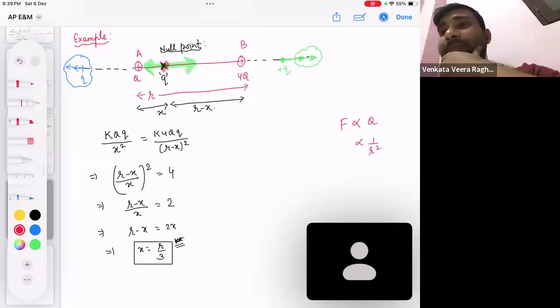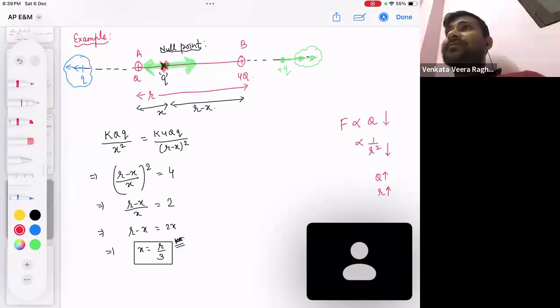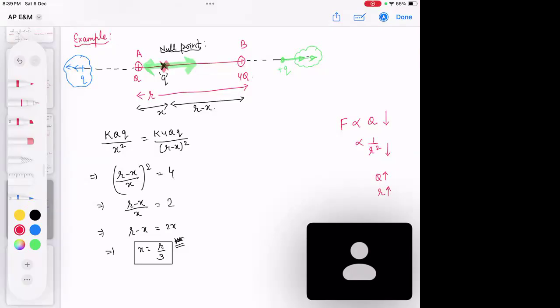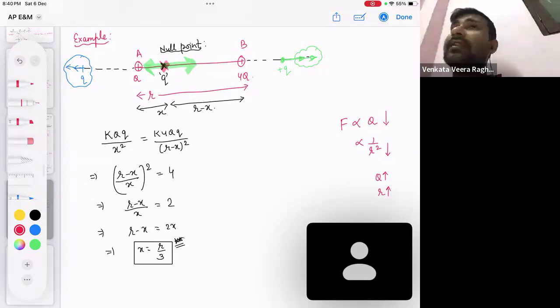So if the charge is small, I should keep the distance also small, so that a bigger charge needs a bigger distance to compensate. Understood? So that's why the null point always comes near to the smaller magnitude charge.